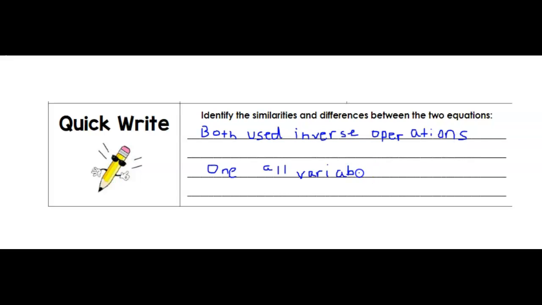One is all variables. The other one is all numbers. This is a difference. One is all numbers except for one variable. So it's easier to solve because we only have one variable.